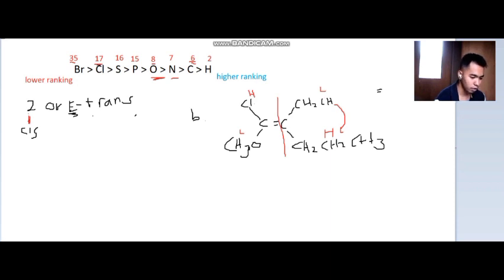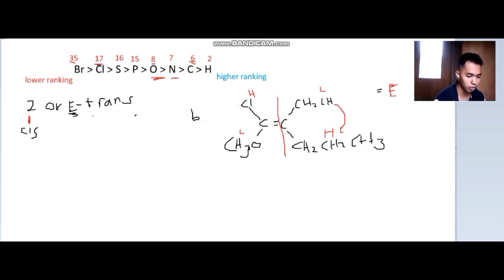So this is an example of an E stereo configuration. Why E? Because H is not on the same side as the H on the other side.